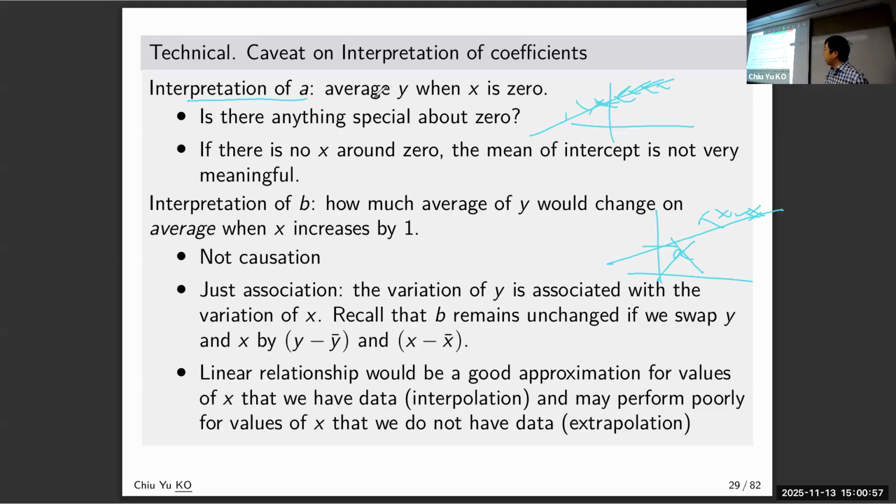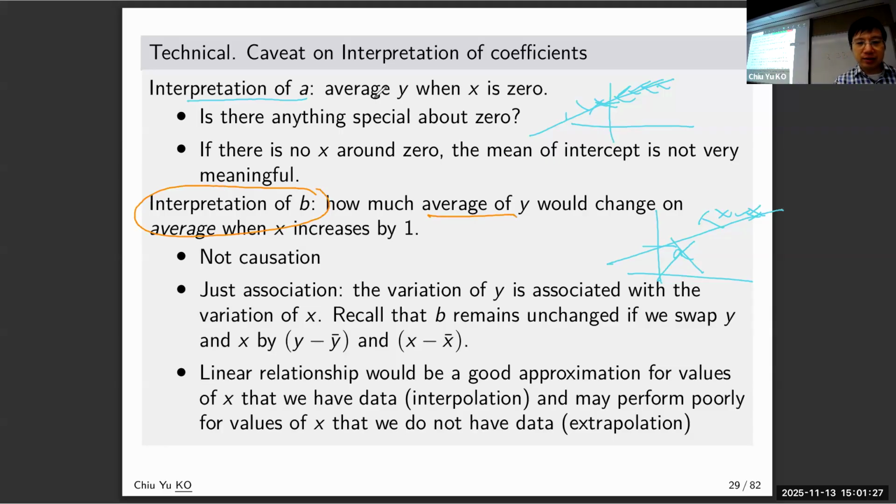So A in general is not very meaningful. We still keep it, but in general A is not something we care about. The most important thing in this regression is actually B, as you would imagine. Because it tells how much y will change on average when x changes by 1.